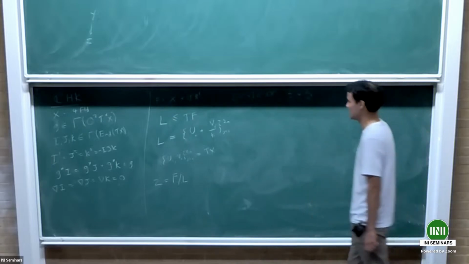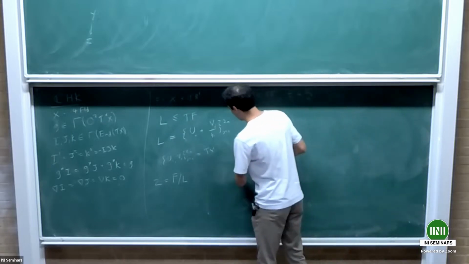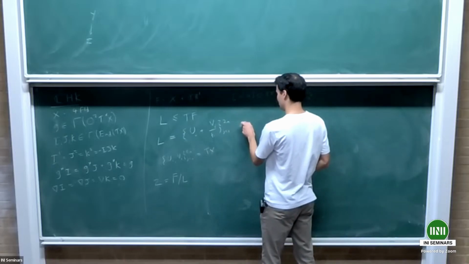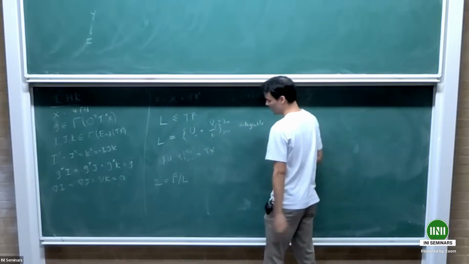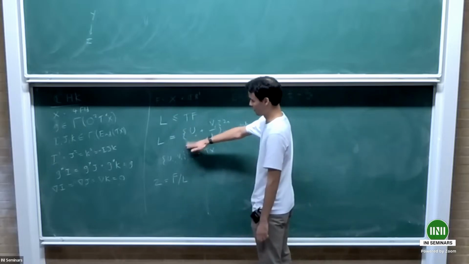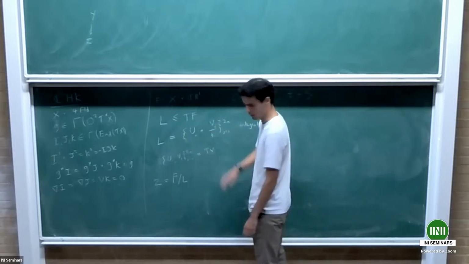So we can talk about the twistor space. I'll just write here "integrable" to remind us that we're in the integrable setting. And in fact, we can define a quaternionic structure in the following way.